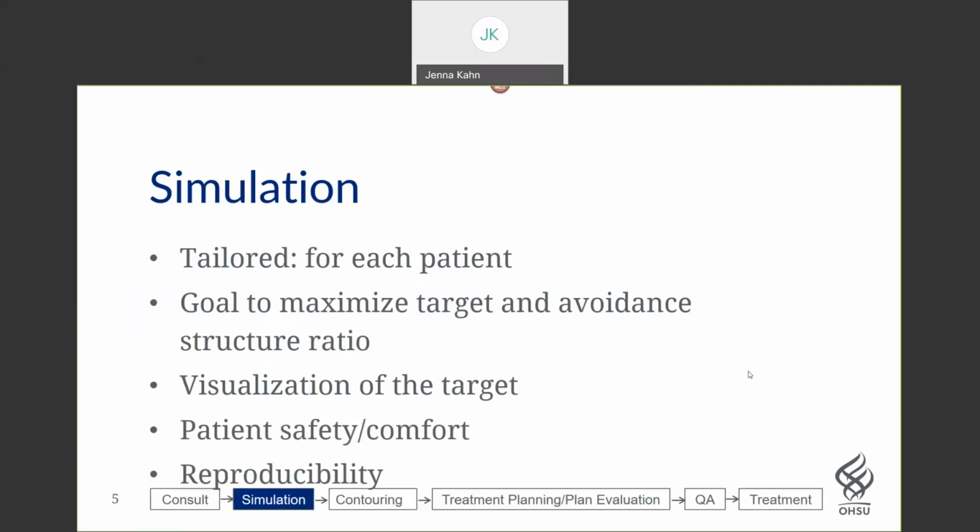So we're trying to make sure that we maximize our target and avoid other structures. We want to visualize the target well, but we also want the patient to be comfortable because that leads to patient safety and reproducibility.